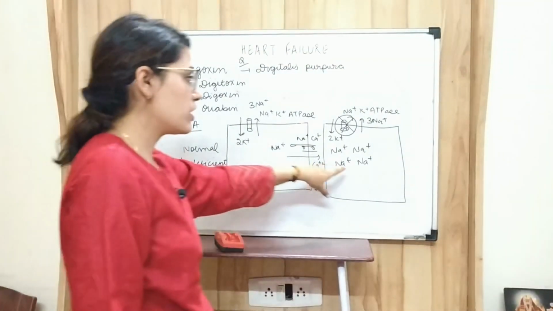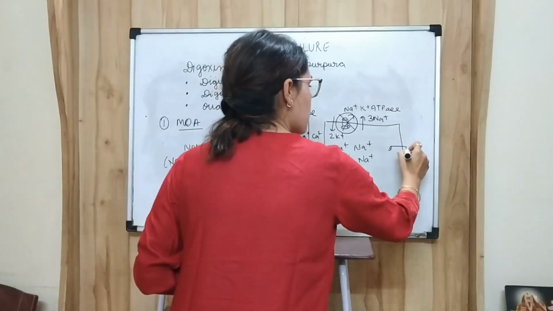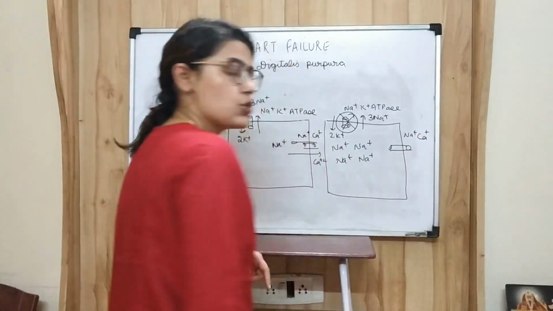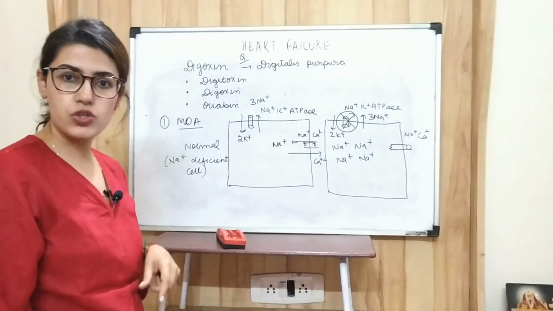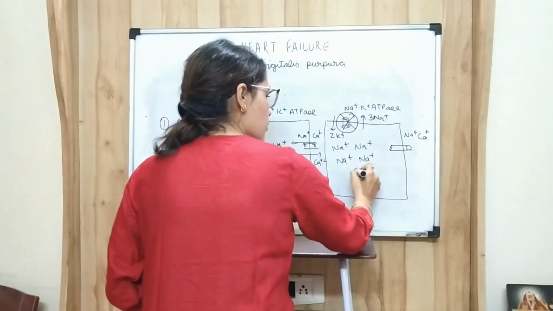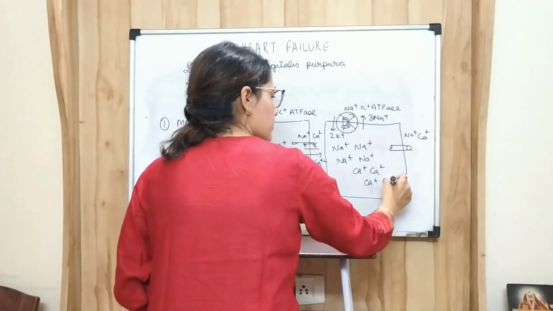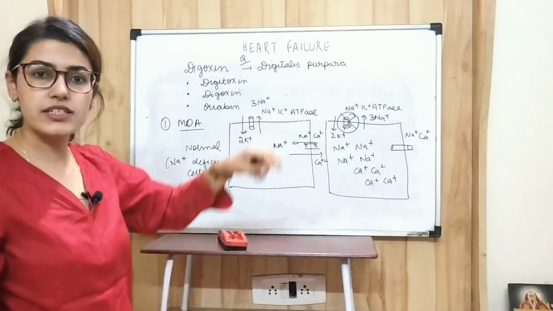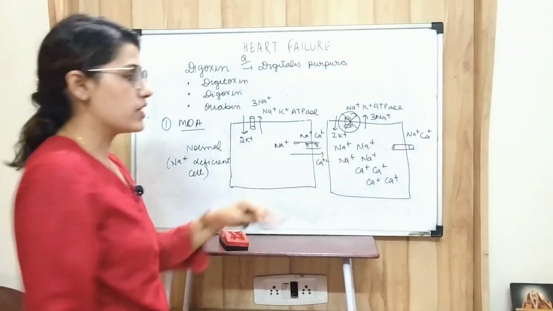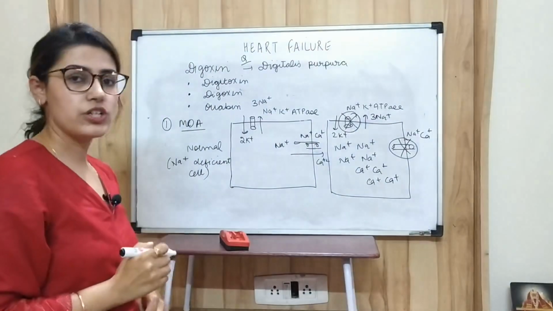Now when the sodium is already present inside the cell, the sodium calcium exchanger will also not work, and there will be no sodium coming inside, so there will be too much calcium inside. This calcium is not going out because there is inhibition of the sodium calcium exchanger also.